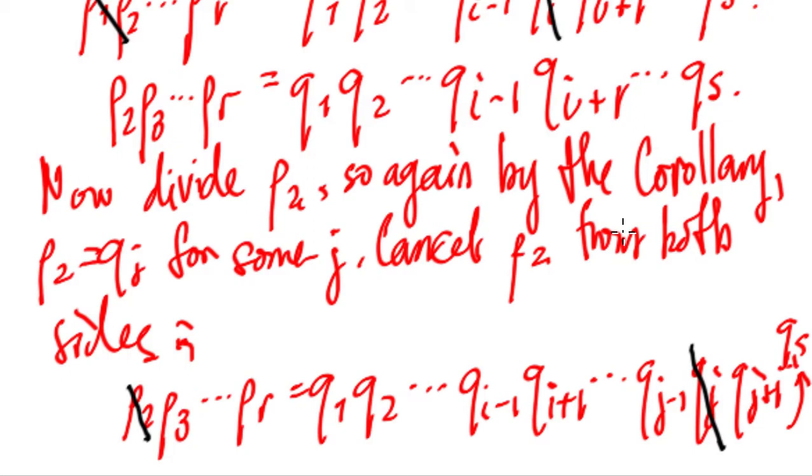Now we have established for convenience a while ago that r is less than or equal to s. Continuing like this, we can cancel every p sub t with some q sub k. Let me put that in writing.